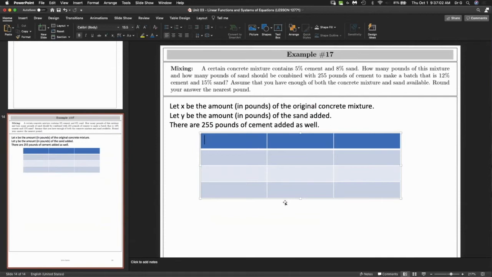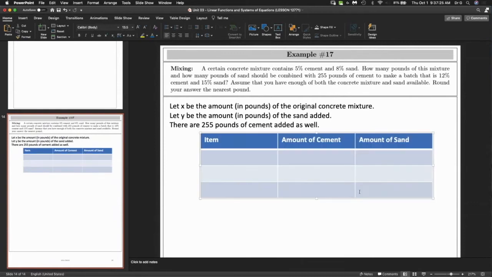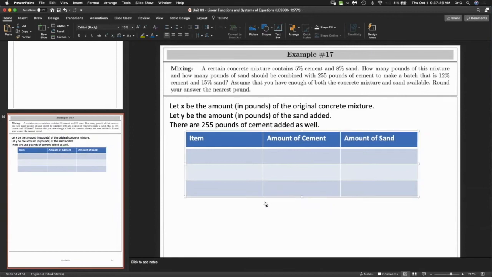So we'll say here component. I'll just say your item, and then we'll say amount of concrete, no, amount of cement, amount of sand. I didn't use a table in the solutions, but I think a table is pretty cool here.